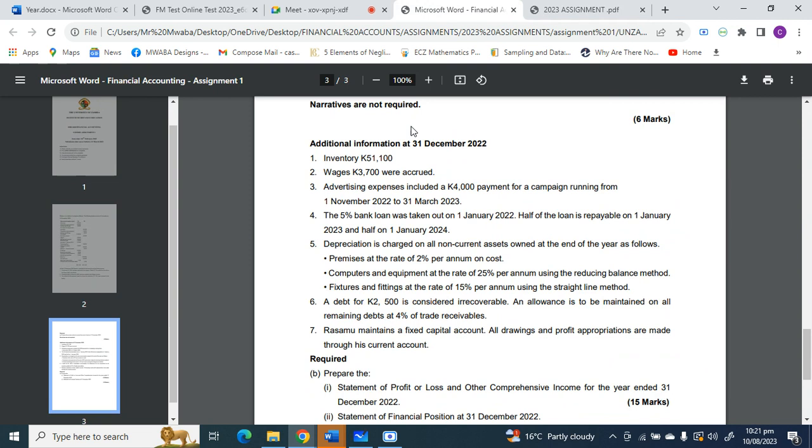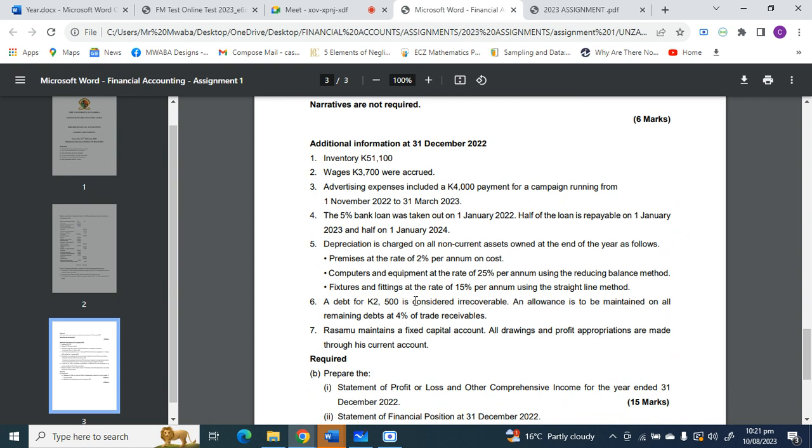Then they've told us an allowance is to be maintained on all remaining debts at 4% of trade receivables. So this is the allowance or provision for doubtful debts. This is an estimate, we're saying we might not get it.